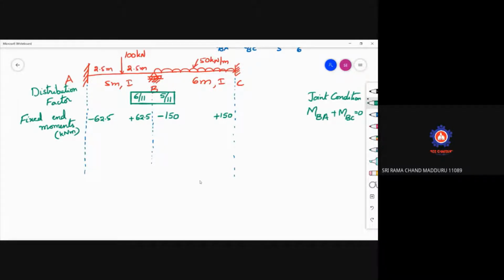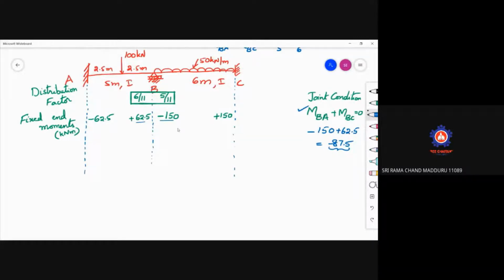But just see, this value is plus 62.5 and this value is minus 150. They are not equal. The difference between them is minus 150 plus 62.5, which is now minus 87.5. This is the moment that is to be balanced or distributed between the members BA and BC.